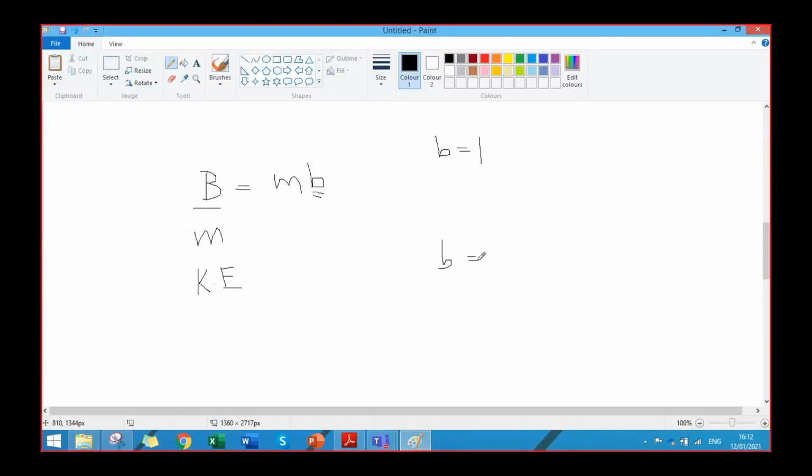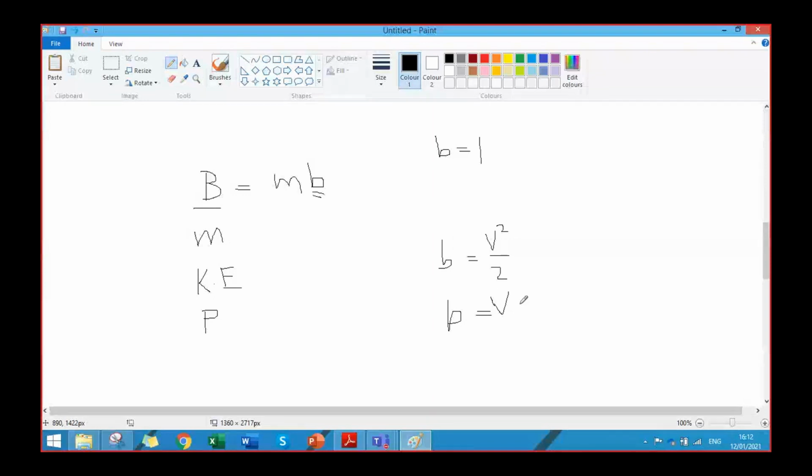Very good. And if I say capital B is momentum p, then small b would be velocity. So is it clear, the relationship between the capital B and the small b?